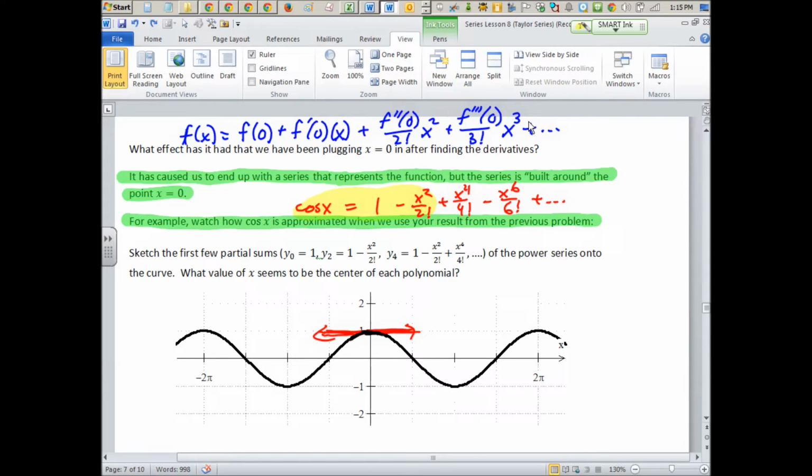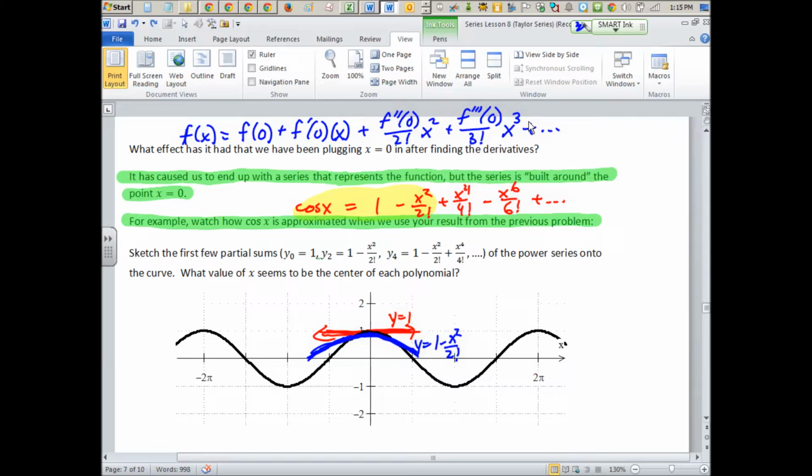What does 1 minus 1/2 x squared look like? Well, 1 minus 1/2 x squared looks like this blue curve. So this is y equals 1. This is y equals 1 minus x squared over 2 factorial. That looks a little bit more like the cosine wave, right?